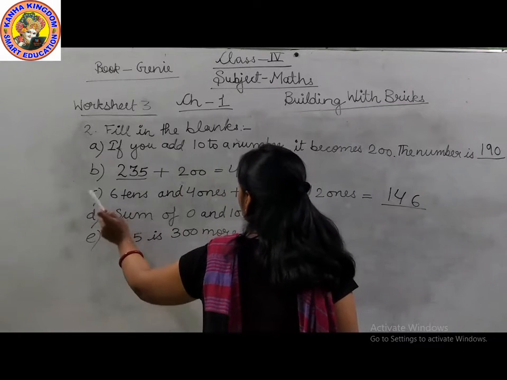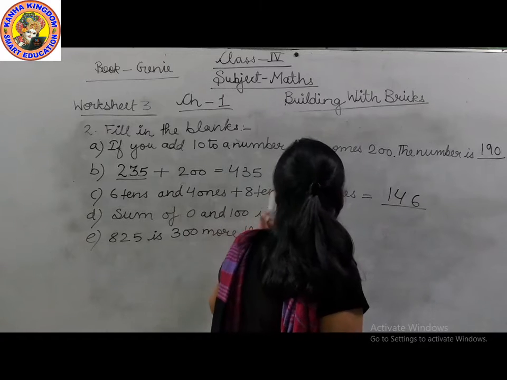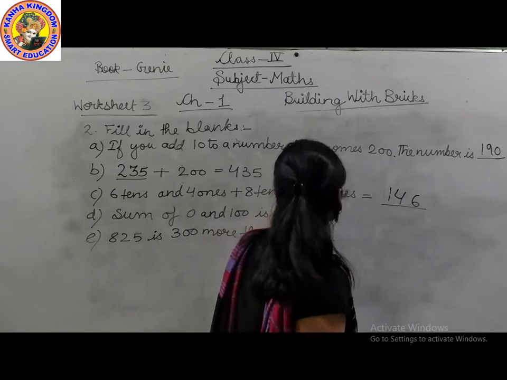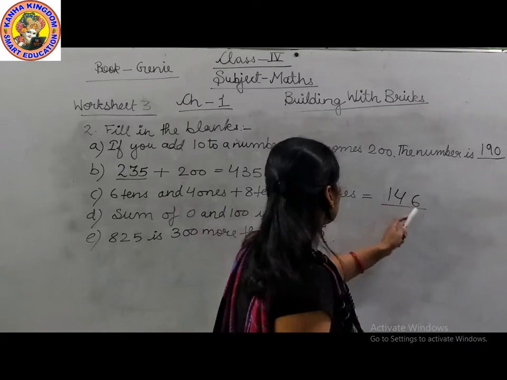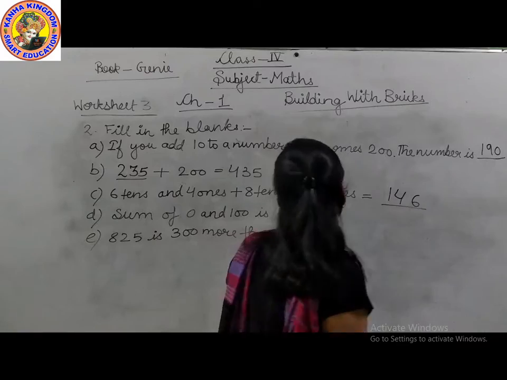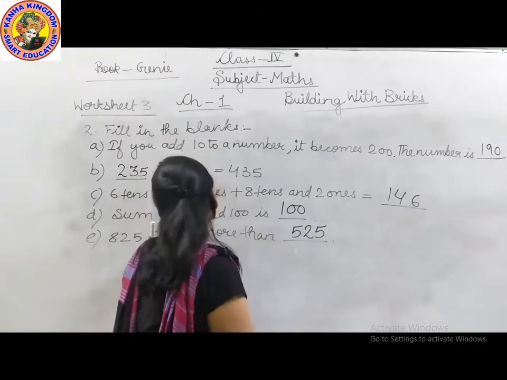Now question number C is 6 tens and 4 ones plus 8 tens and 2 ones. So first we add the digits at the ones place. So 4 plus 2 equals 6. 6 plus 8 equals 14. So our answer is 146.